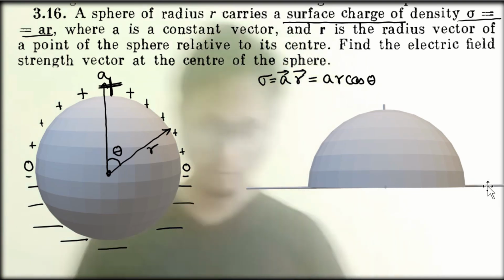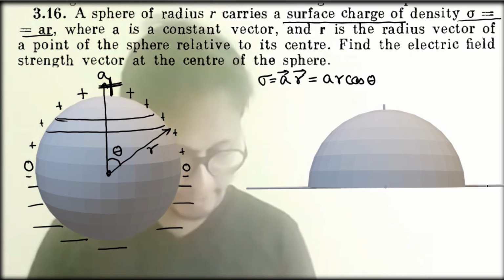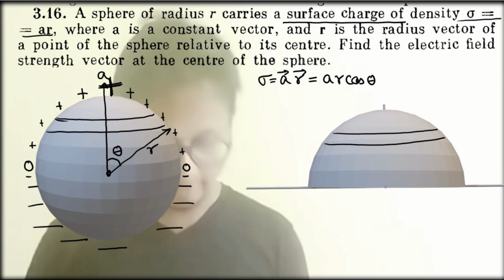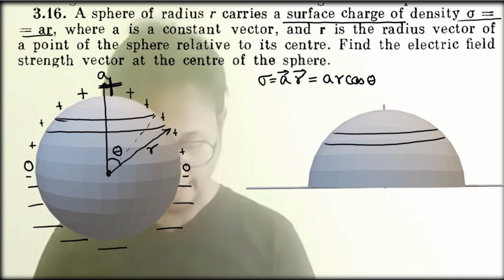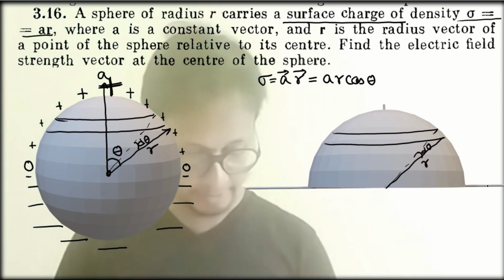So what I'll do out here is, I'll take an element. This is nothing but an elemental ring. Out here, this angle is nothing but d theta, and from here, r, and this angle is nothing but d theta.